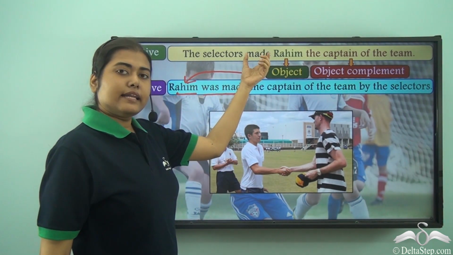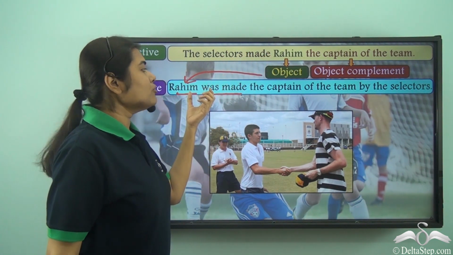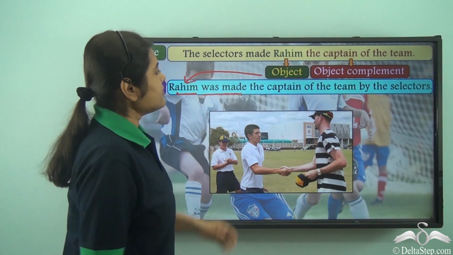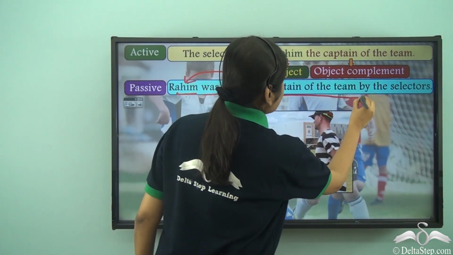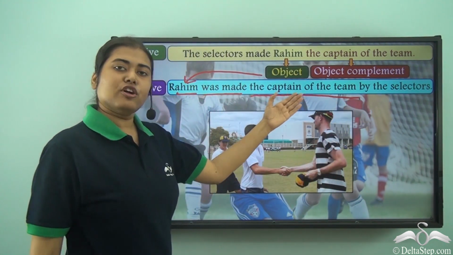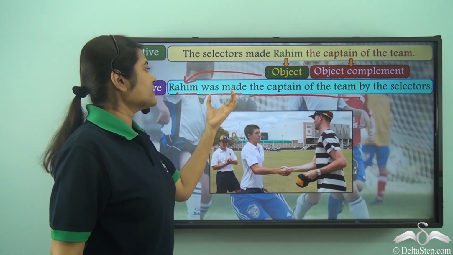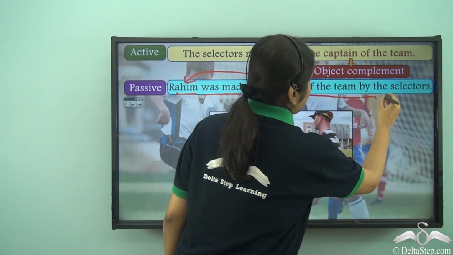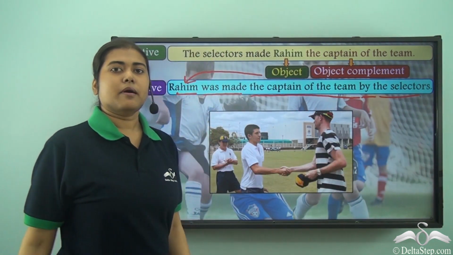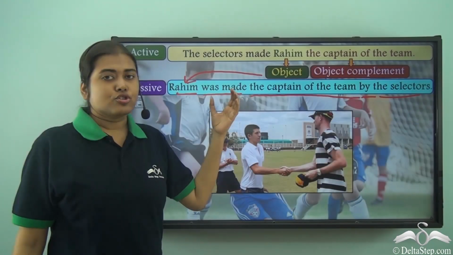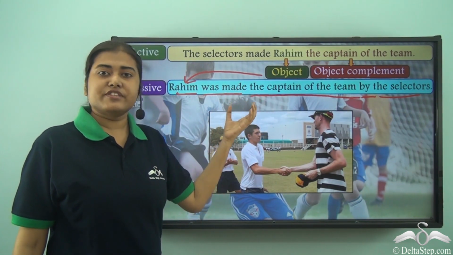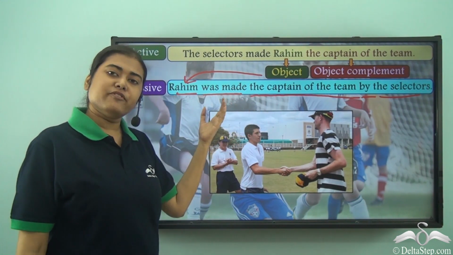The made in active voice will be turned to was made. We have already learned that. Then comes the object complement, the captain of the team just after the verb, followed by the preposition by and the doer by the selectors. So note that the object complement comes after the verb and not before the verb.